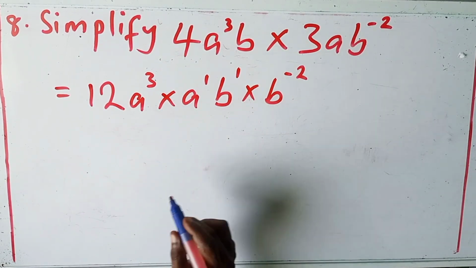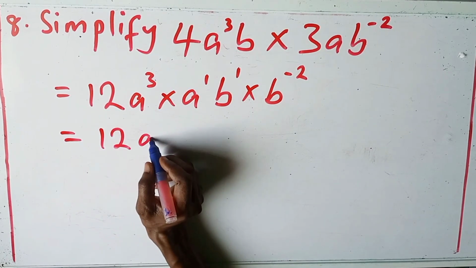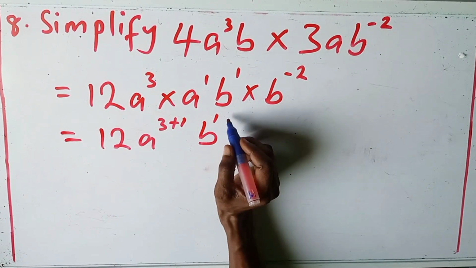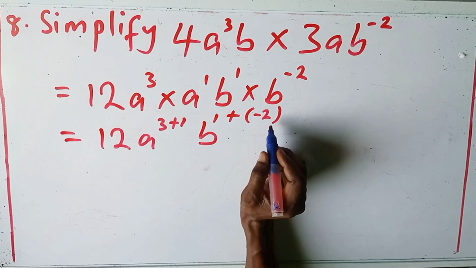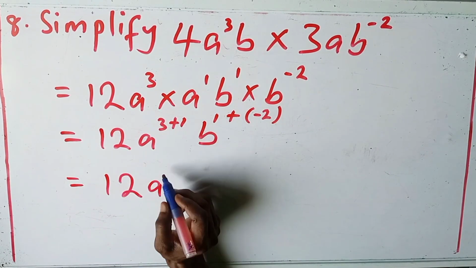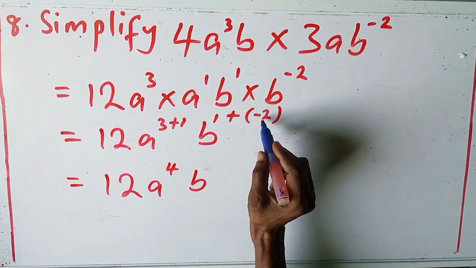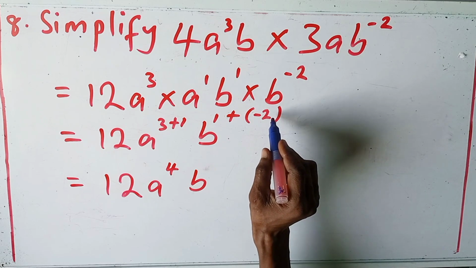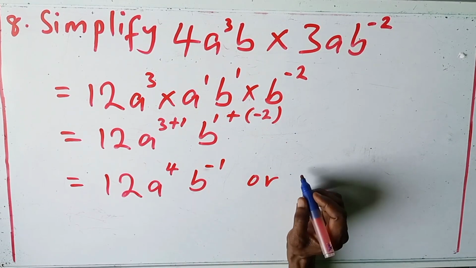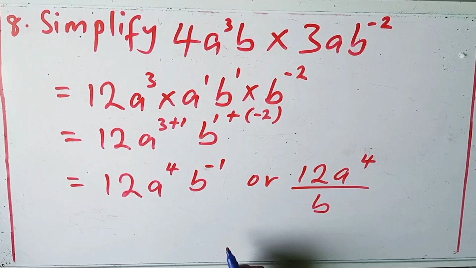So we apply the laws of indices here. A raised to power 3 plus 1, then b raised to power 1 plus minus 2. So 12a raised to power 4, then b: plus times minus will give us minus, and 1 minus 2 will give us minus 1. So that's how we got that minus 1. So our answer is 12a raised to power 4, b raised to power minus 1, or 12a raised to power 4 over b.